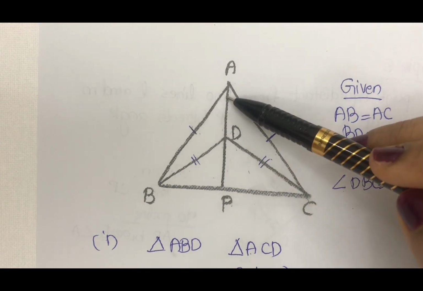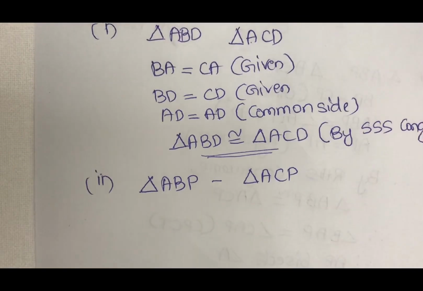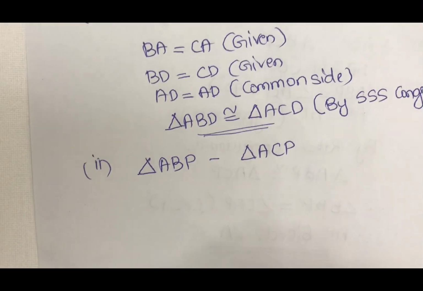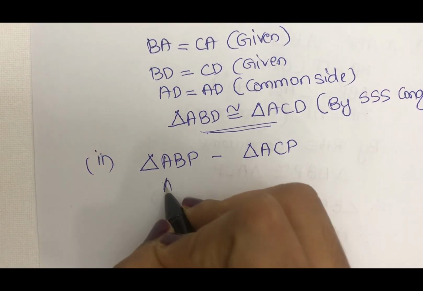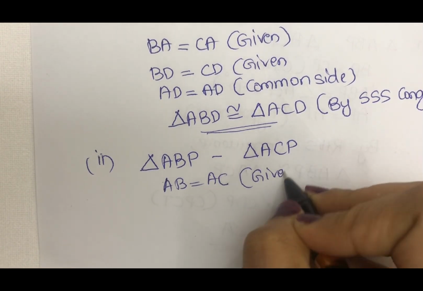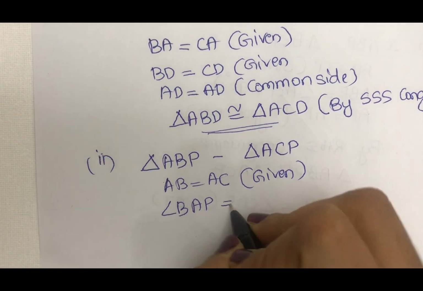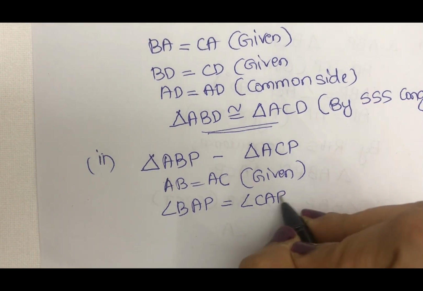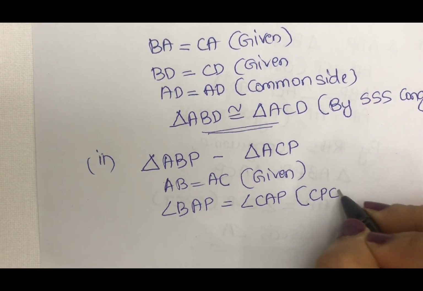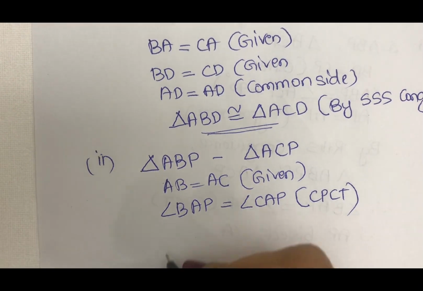So by the SAS congruency rule, these two triangles are congruent. So we'll write that AB equal to AC. Why? Given. Angle BAP is equal to angle CAP, CPCT of the previous two triangles.